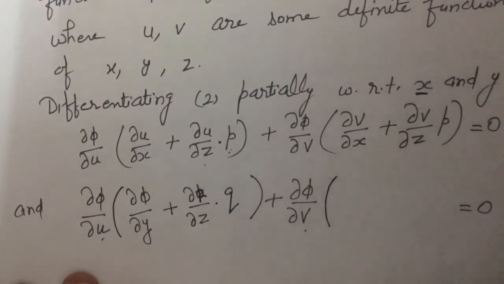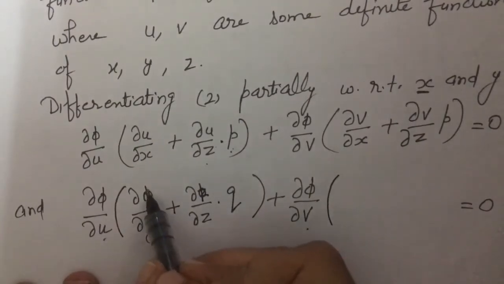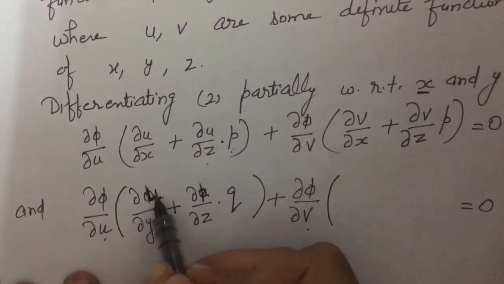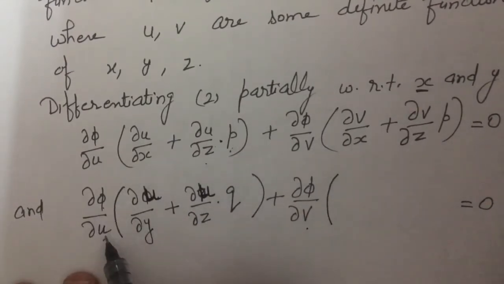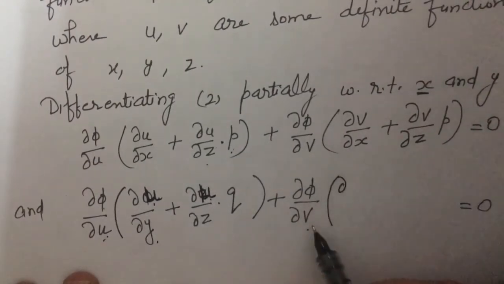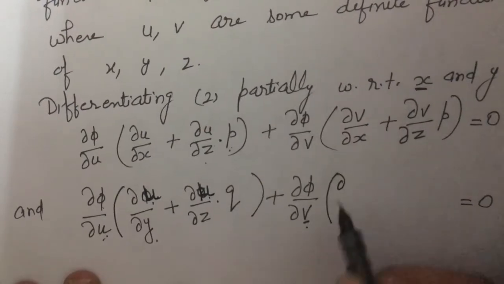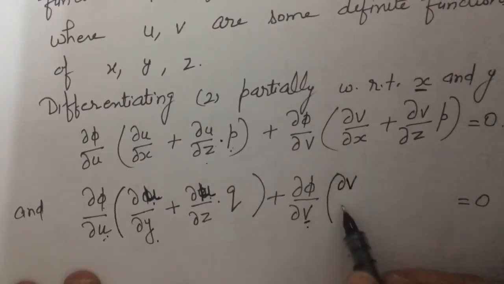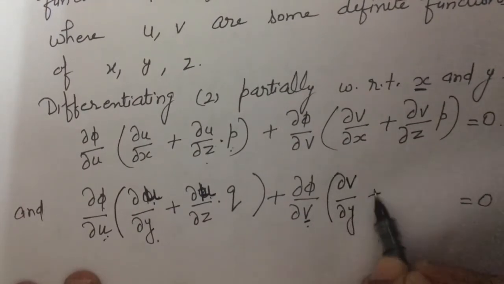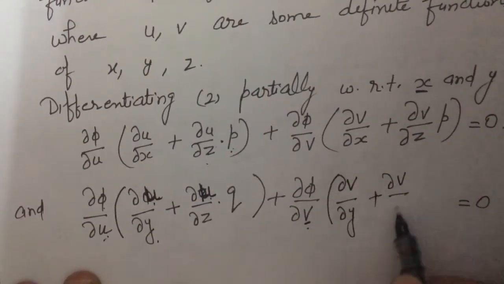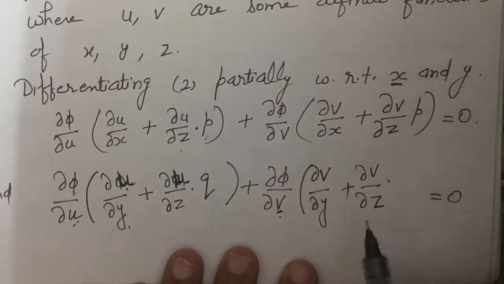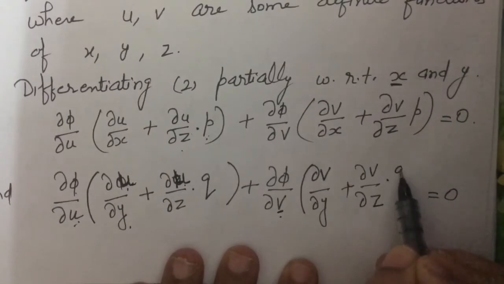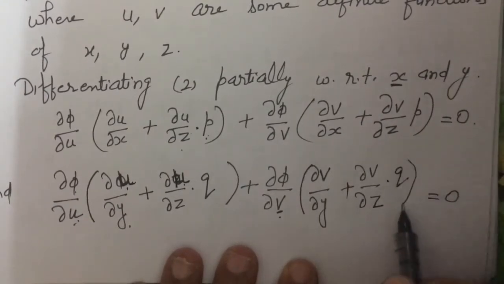Similarly, for v, we have to differentiate v with respect to y and with respect to z. Z is again a function of x and y, so ∂z/∂y is equal to q.